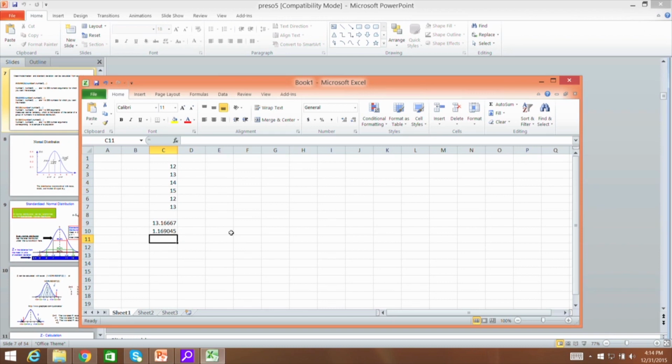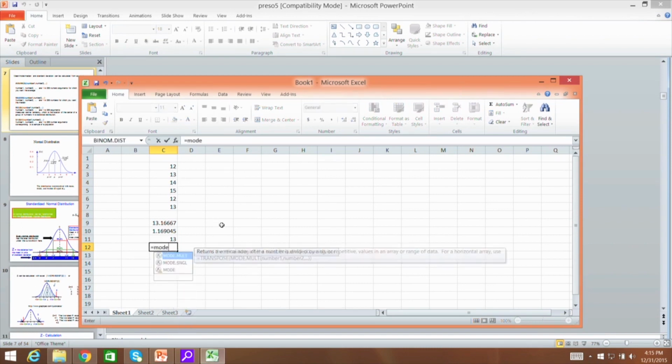Suppose I want to calculate the median, okay, I just say median. Median is nothing but the midpoint, right, okay. So 13 is the median, okay. So as you can see 12, 12, 13, 13, 14, 15, so the middle point is median.